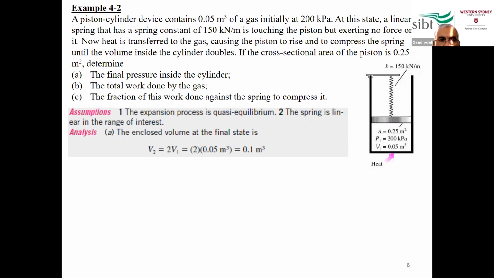The volume of the gas is 0.05. It's already given. This is the initial volume, and we know the initial pressure. So we have P1 and V1.